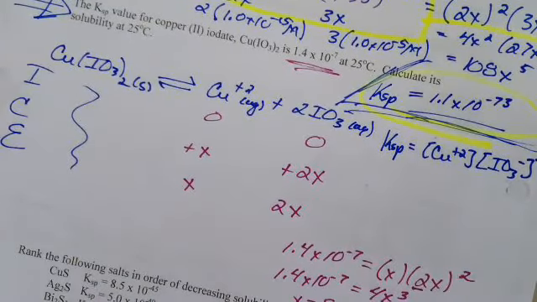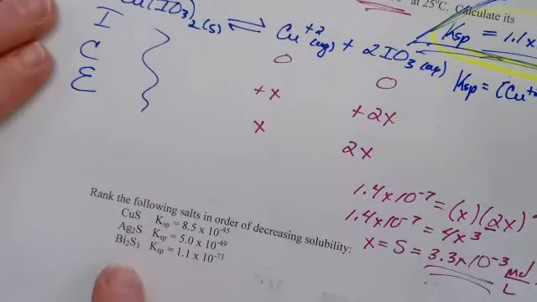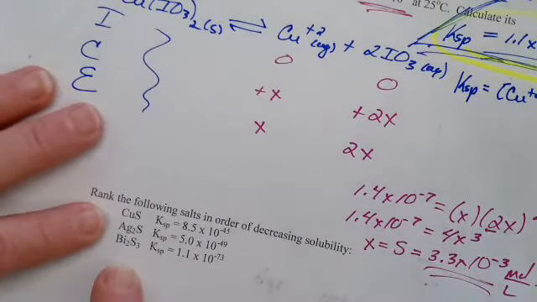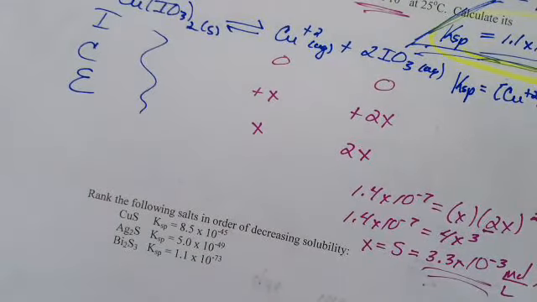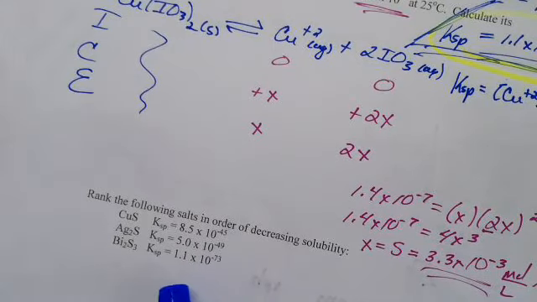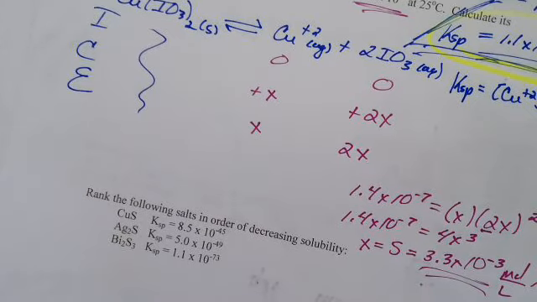All right. What about this question? If we had 3 compounds and you were given the Ksp for each, could we rank them in order of decreasing solubility? Can we just judge based upon the Ksp value?